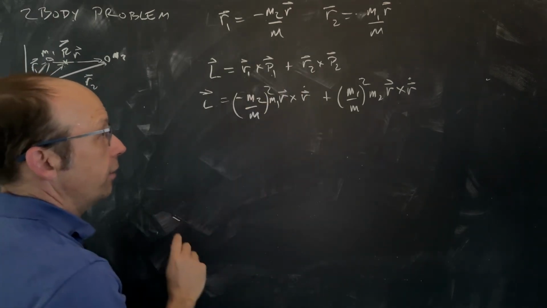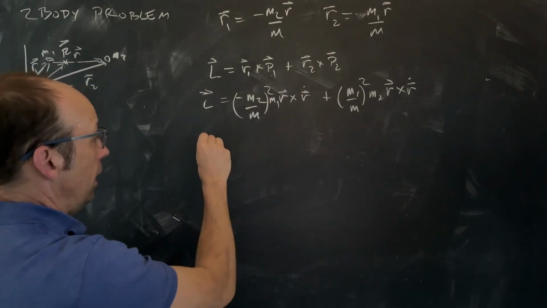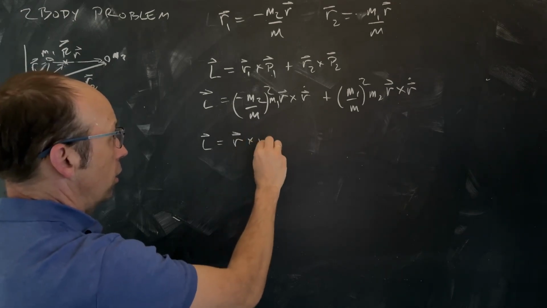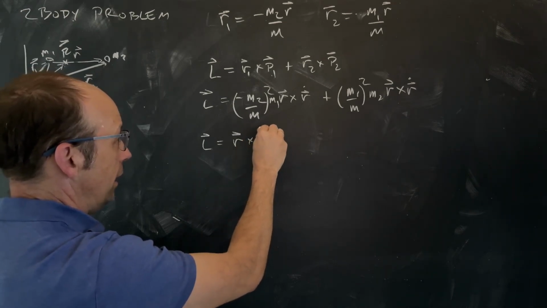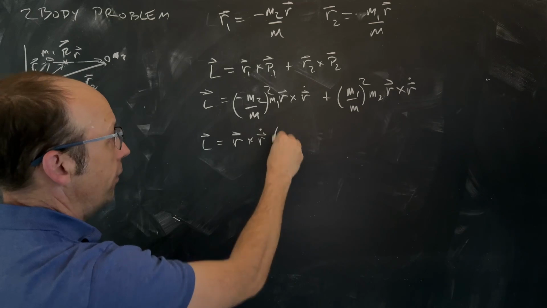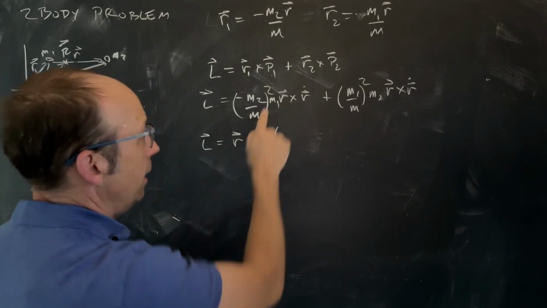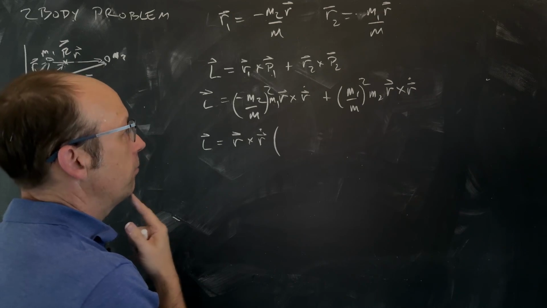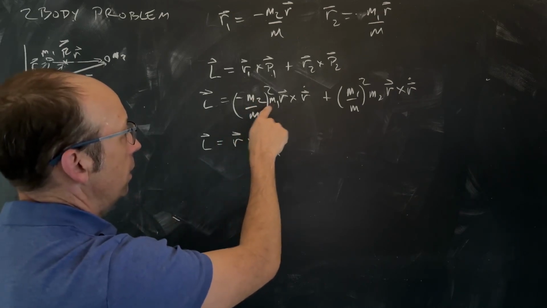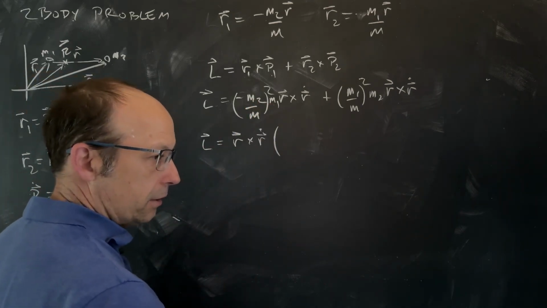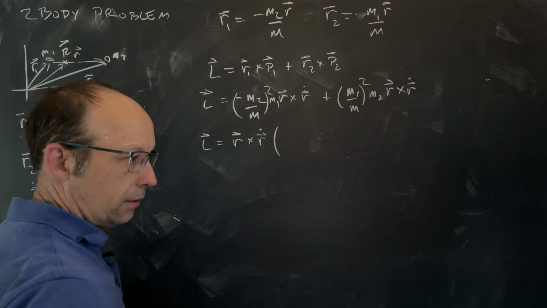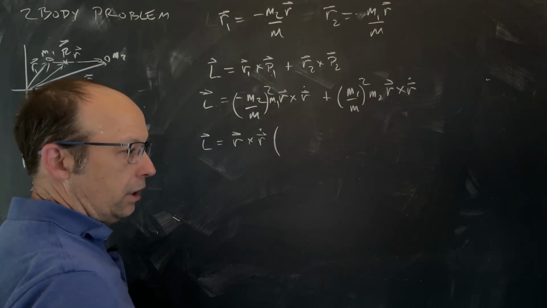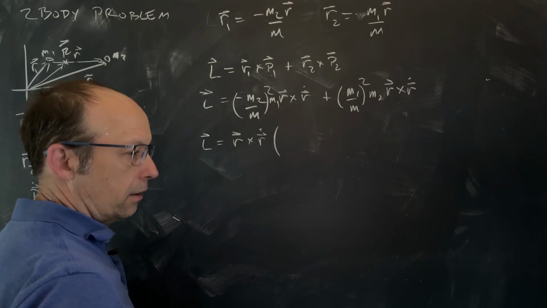So I can factor out the r cross r dot, and L is going to be r cross r dot. And then I have over here m1 plus m2. Oh, this is really complicated. I'm going to cheat. Let's see, what was it?